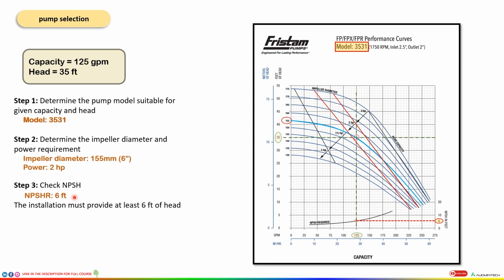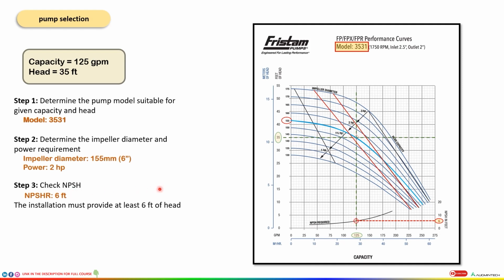If the net head available is less than 6 feet and we use this pump, then cavitation will take place. This is really important to take care of: the NPSH required is given by the manufacturer, which we can understand from the curves. In the actual project location, the NPSH available has to be more than 6 feet of water column.